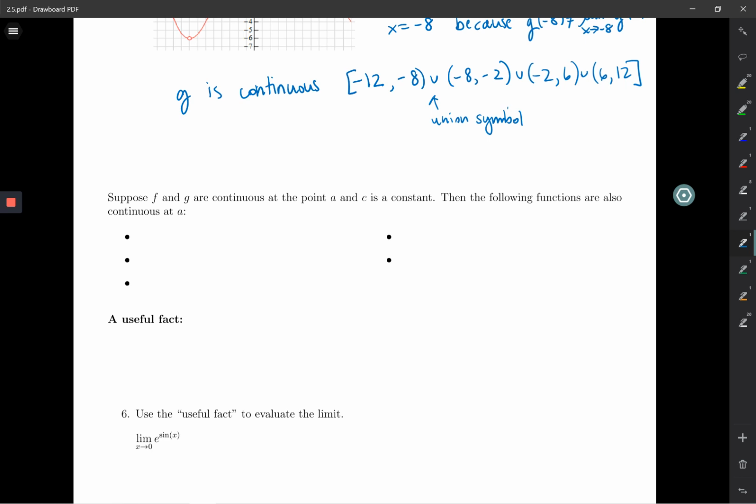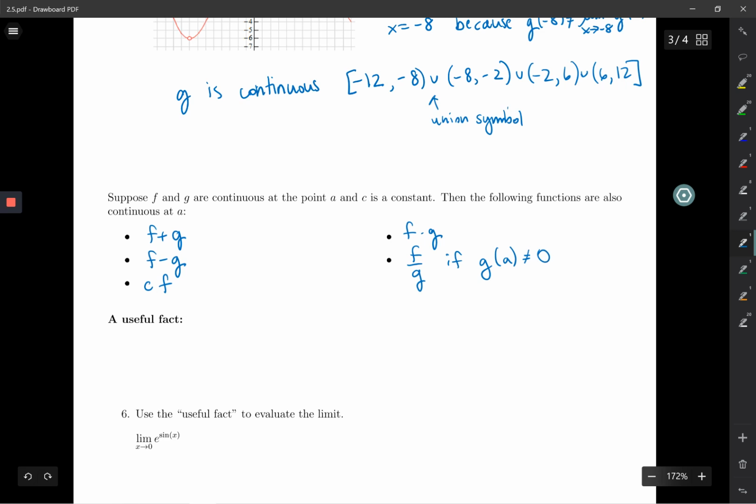So if f and g are continuous at a, then so are f plus g, f minus g, a constant times f, f times g, and so long as g of a does not equal 0, also f over g, right?